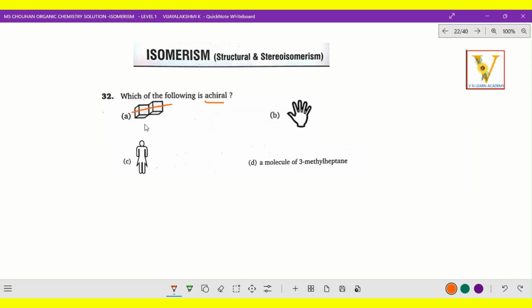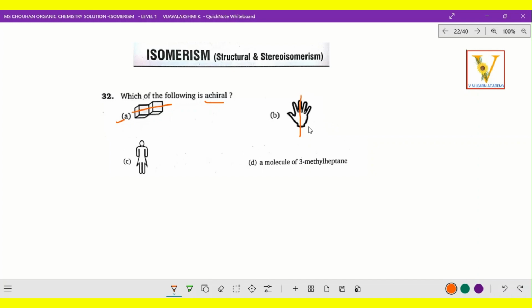That means the upper side is similar, the down side also will be similar. So you will get achiral. Yes, this is achiral only. And the same way, the human hand. When you cut, do you think you will get the same, similar half? See here the thumb finger is there, here the little finger is there, it will not be the same. So this is not achiral.